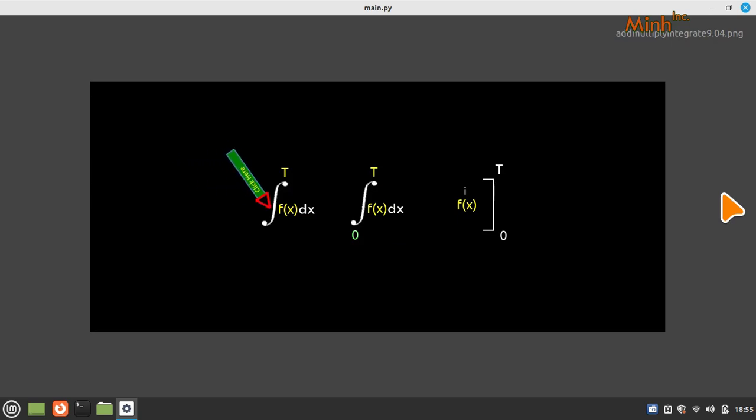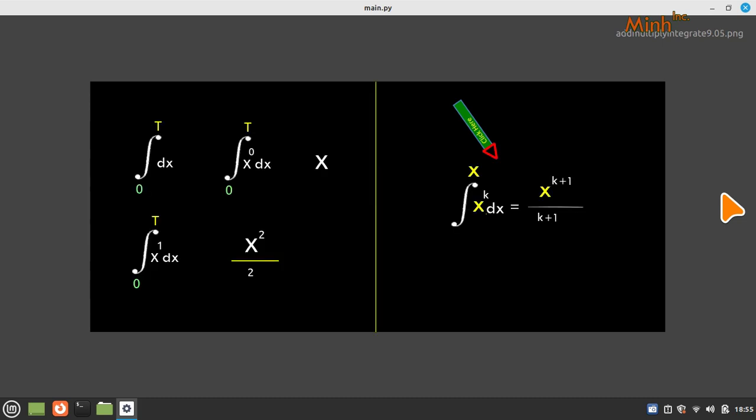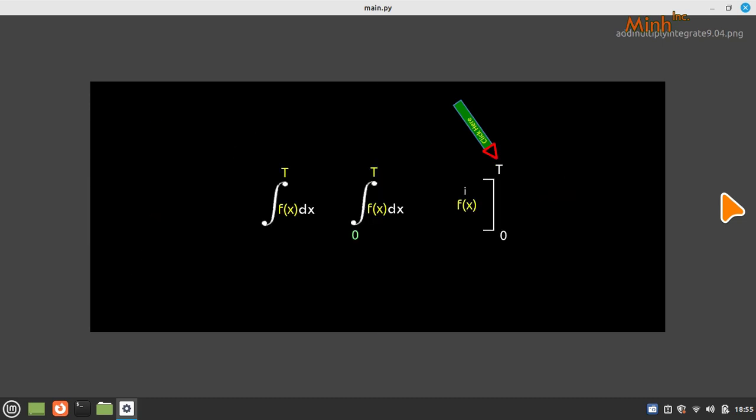If we have f(x) dx, we consider it as the integral of f(x) dx from 0 to t, and now it becomes F(x), the integrated value, ranging from 0 to t. I think we can add more to it.